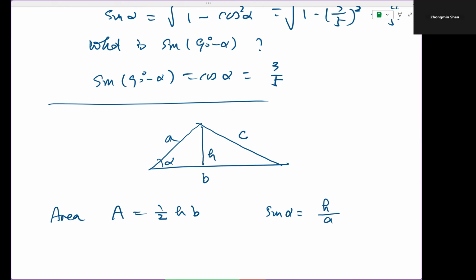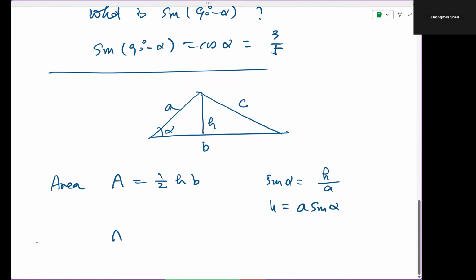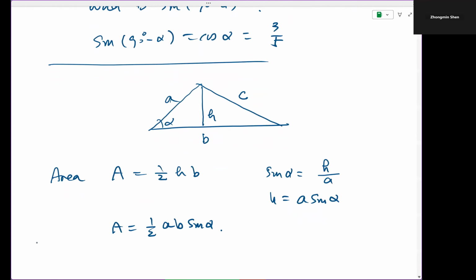Okay, so what is H? H is A sine alpha, right? So if I plug into here, this will be half of A B sine alpha. So if you know the sine value of the angle and those two sides, you can get the area.